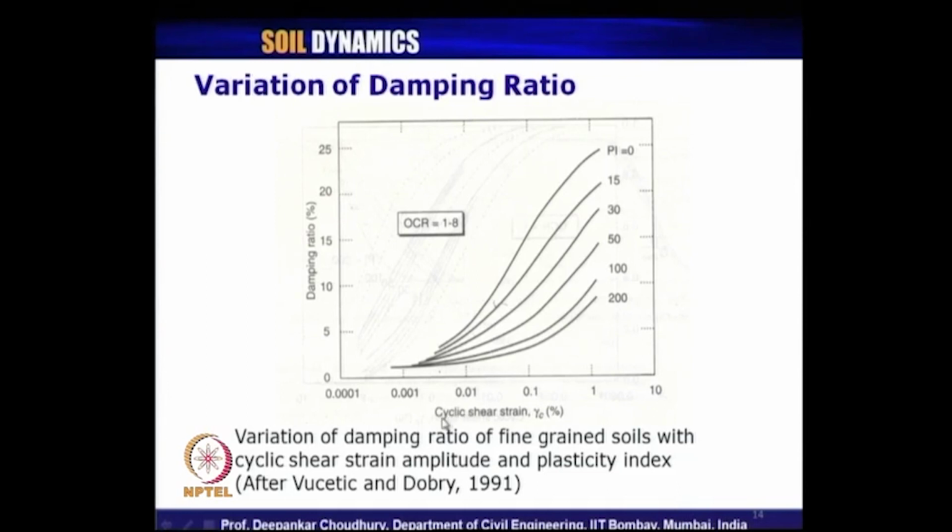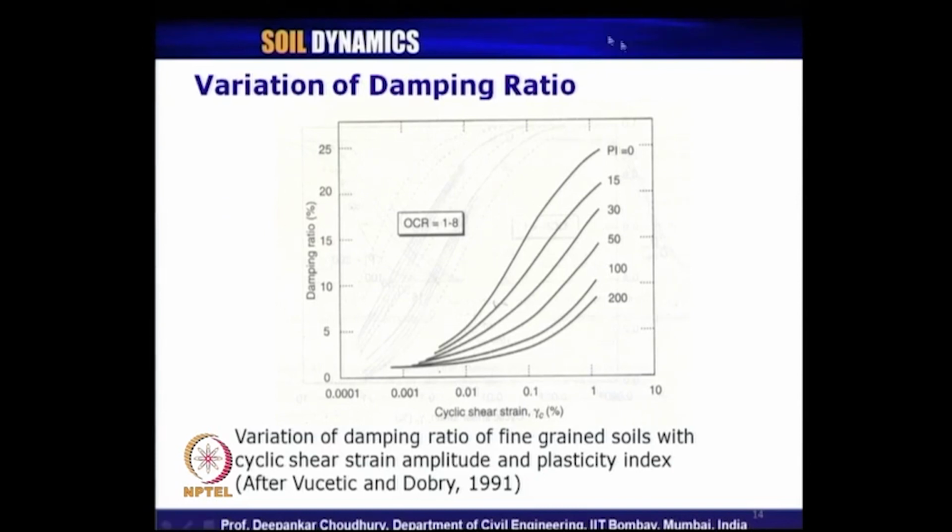So, as you can see, if the cyclic shear strain applied on a soil sample increases, the damping ratio of the material also increases. Also, if the plasticity of the soil decreases, then the damping ratio increases for the case of fine grained soil.